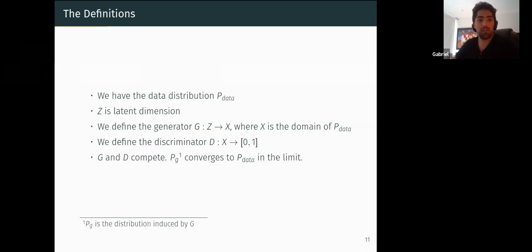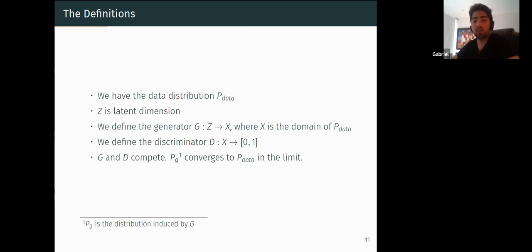Mathematically, we're gonna define all this way. We have the initial data distribution, and we're gonna have a latent dimension. We also have the generator, which is gonna map from the latent dimension to X, X being the domain of our data, the theoretical domain of our data, which we surely don't know.